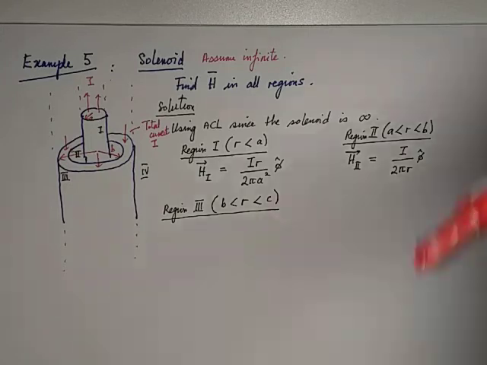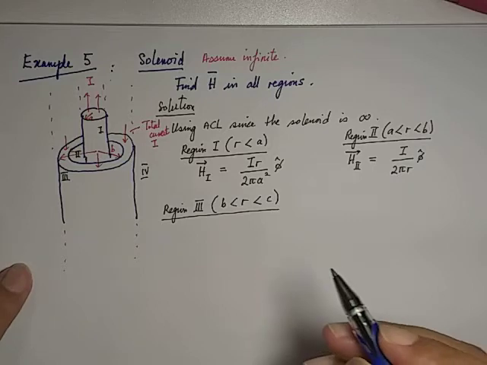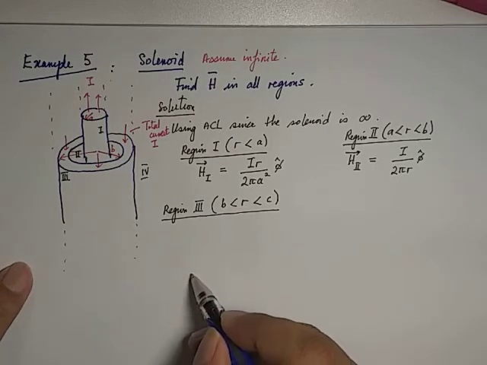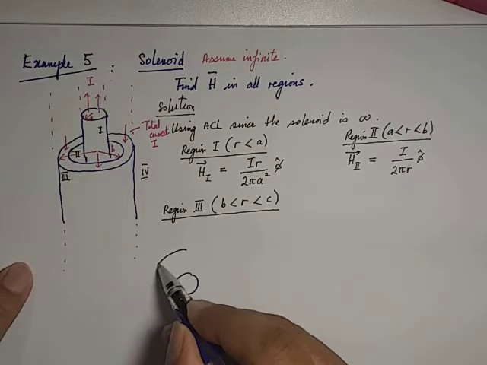Okay, so I'm going to draw now my 2D view based on how the current flows. So we're going to show this is the inner conductor. This is going to be the outer conductor.